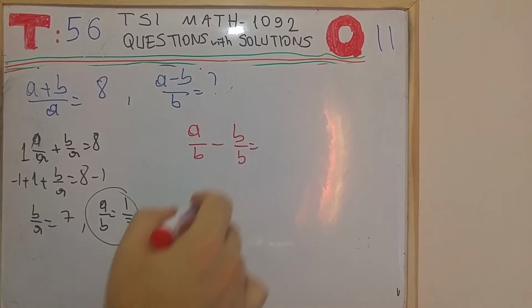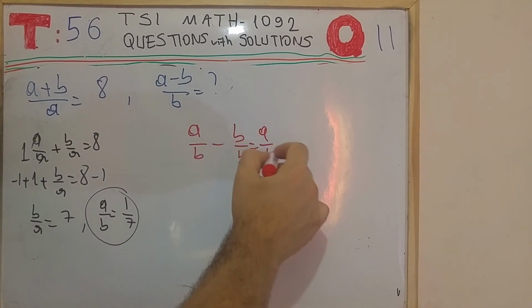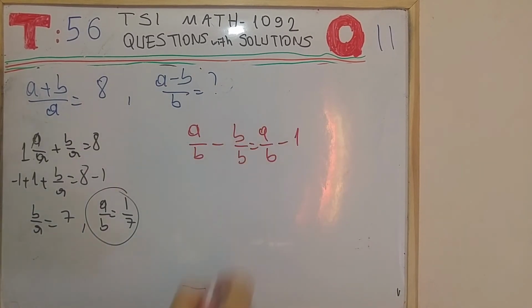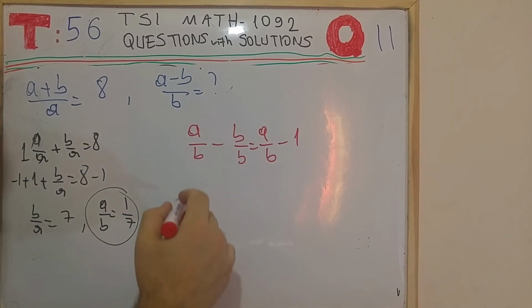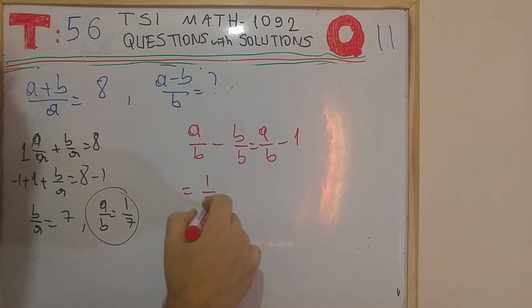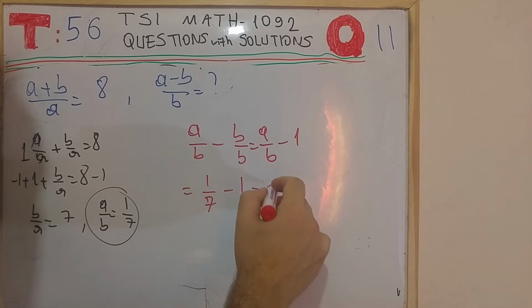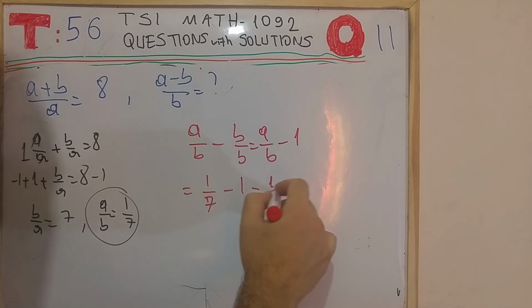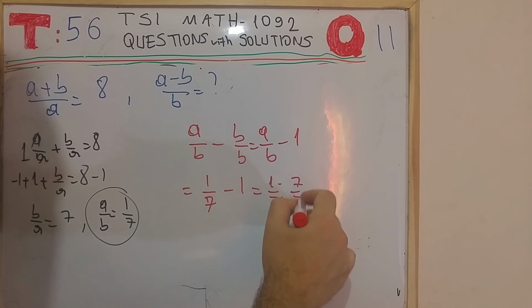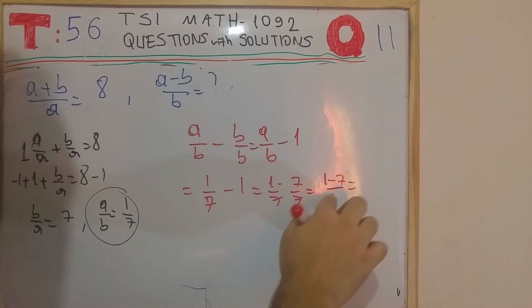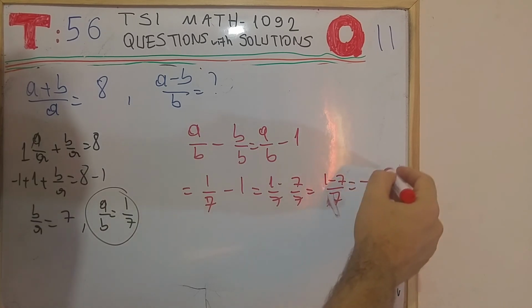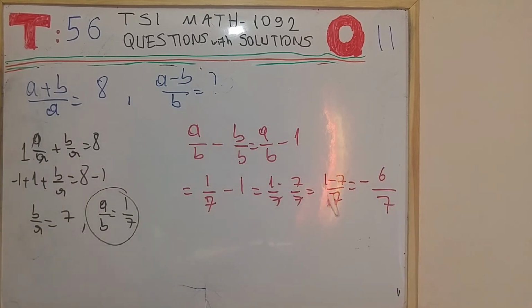This is equal to a over b minus 1. Now let's replace a over b by 1 over 7. This would be equal to 1 over 7 minus 1, which would be equal to 1 over 7 minus 7 over 7, or 1 minus 7 over 7, or minus 6 over 7.